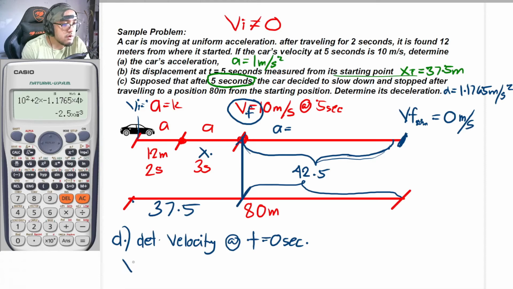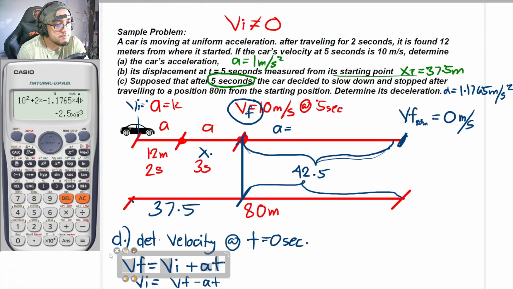So once again, your VF is basically VI plus the acceleration times time. Transposing all of the values to the other side and rearranging this, our VI is actually equal to VF minus AT.